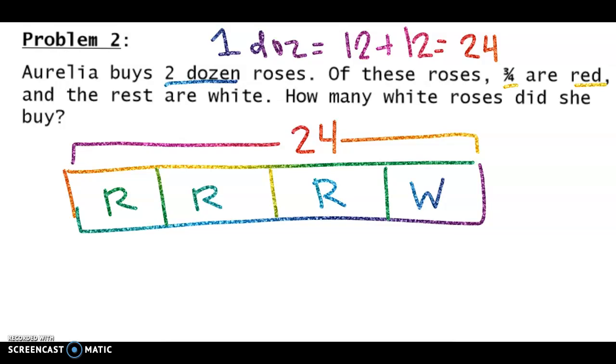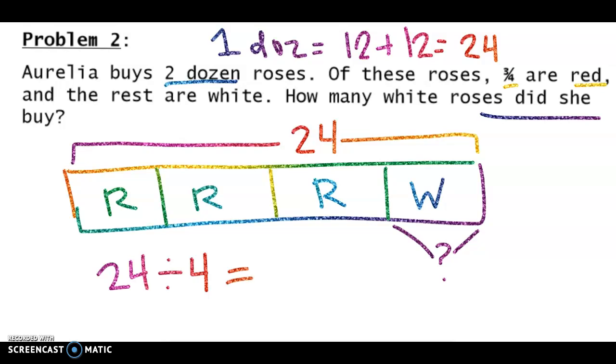The question asks, how many white roses did she buy? So we need to figure out just this 1/4 right here. So essentially we're just figuring out what the single unit is worth. As we did before, we know that 24 divided by the amount that the whole is broken into, which is 4, can give us our single unit amount, which is 6.